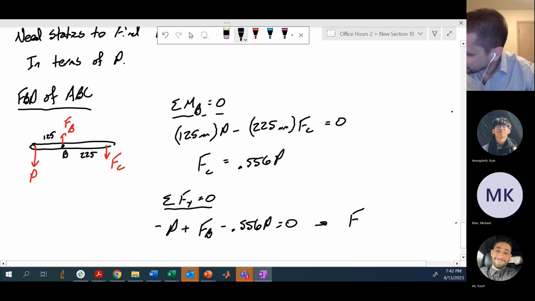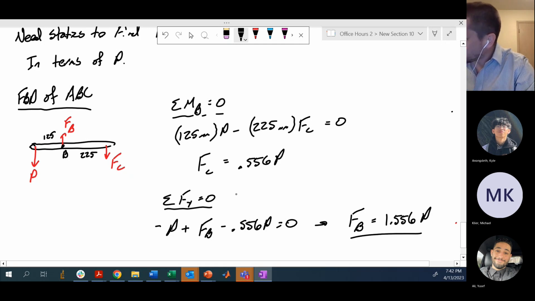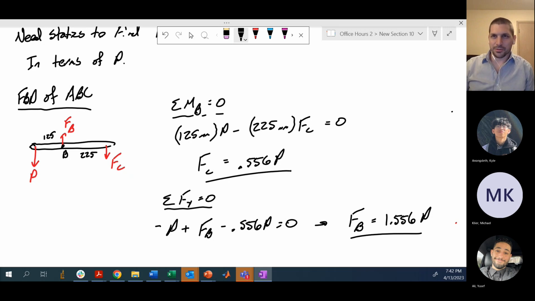Using this, you could determine that the force that's acting at B upwards is going to be 1.556 times P. It's important to write these forces in terms of P because ultimately that's what we're looking for. If you can whittle this down and write those forces in terms of P later in the problem, your life's going to be a lot easier because the only variable that's going to show up is that variable P.